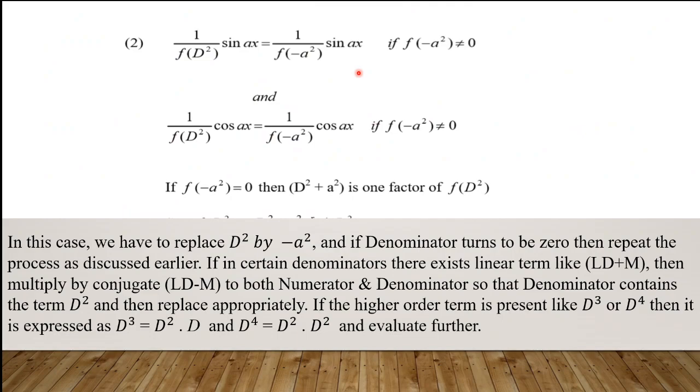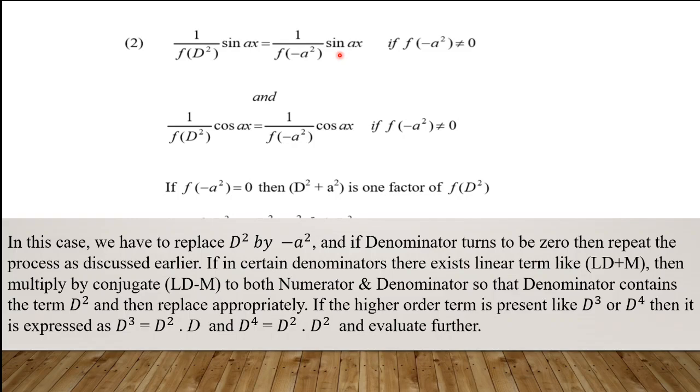What is your second case? Second case says that if you have it as trigonometric function sin ax or cos ax. So in this case of substitution, replace D square by minus a square. In the first case you saw replacement of D by a. In this case replacement of D square should be made in terms of minus a square.